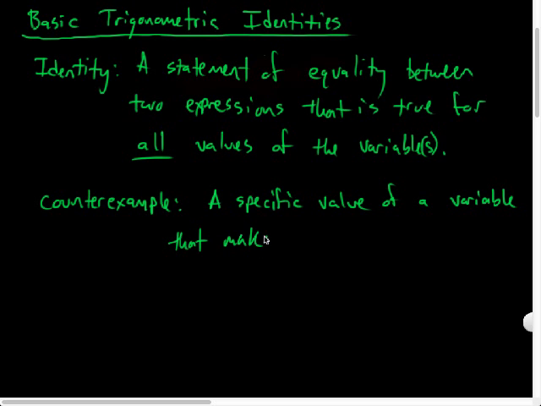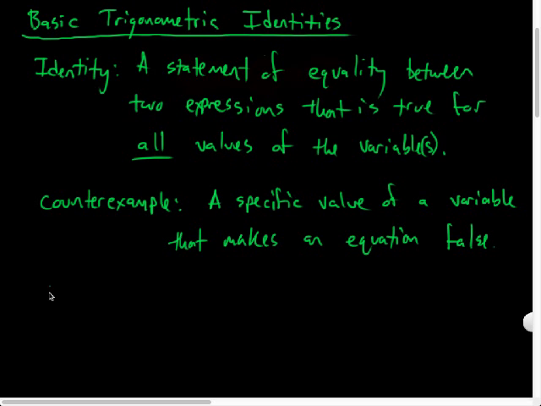The interesting thing about counterexamples is that we only need one of them to disprove an entire identity. You don't have to have any more, because by showing it doesn't work one time, I've just proved that it doesn't work all of the time.